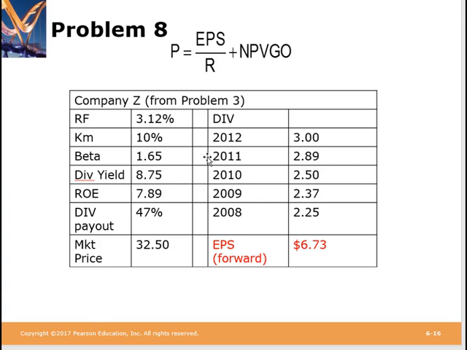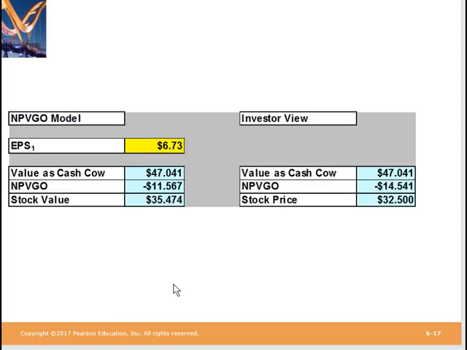The last thing to look at is the net present value growth opportunity model. And again, this all comes from the dividend valuation model worksheet. So the only number we need to plug in here is the earnings per share estimate for next year, which is $6.73.